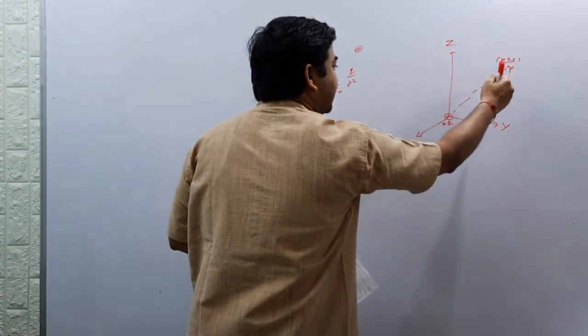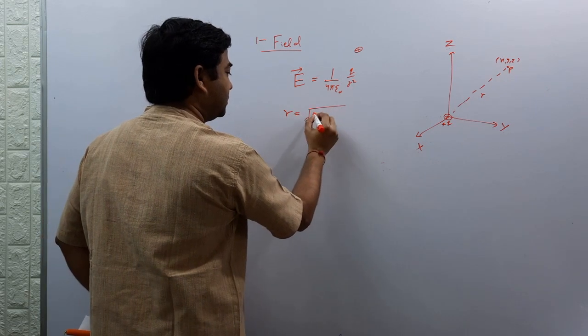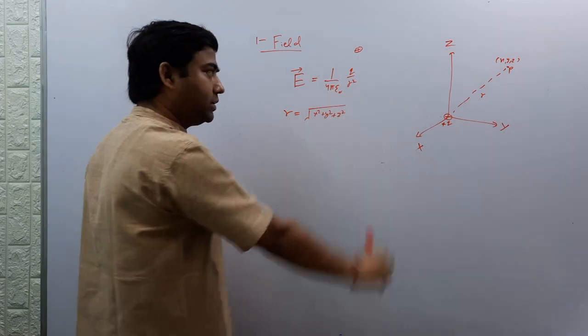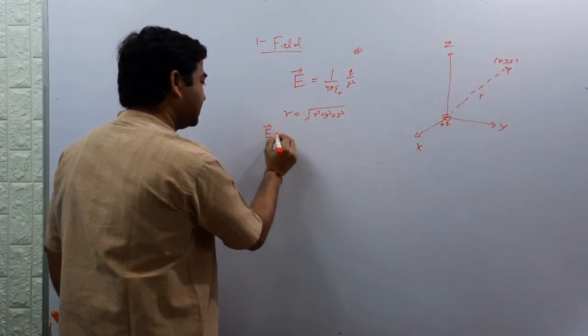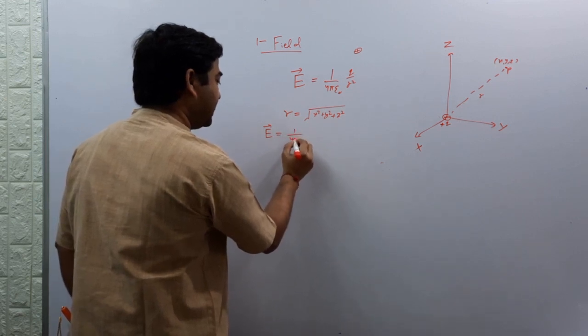This distance r, simple formula, r is under root x square plus y square plus z square. So E can be written as 1 by 4 pi epsilon 0 q by x square plus y square plus z square.